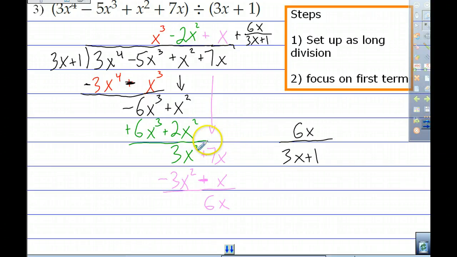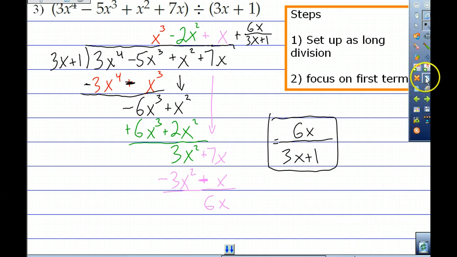But does this one simplify? Some people say no, some people say yes. Some people say, well, 2, right? Because 6x divided by 3x is 2, and then I guess the 1 just goes on break, so it doesn't matter. They just make up all these rules. So this is completely simplified. This does not reduce. Okay?